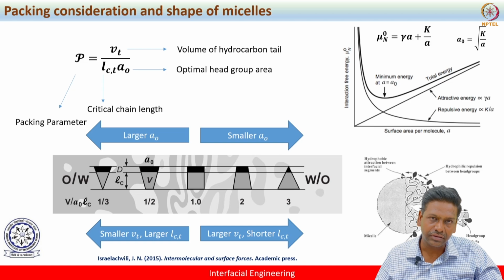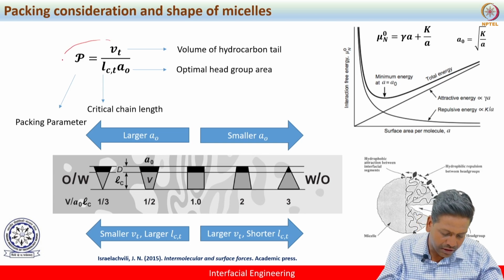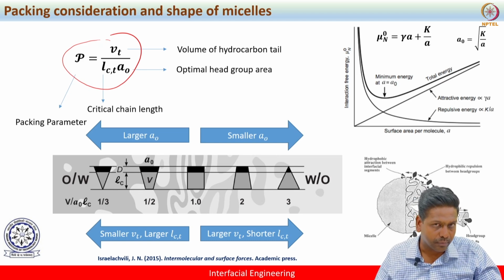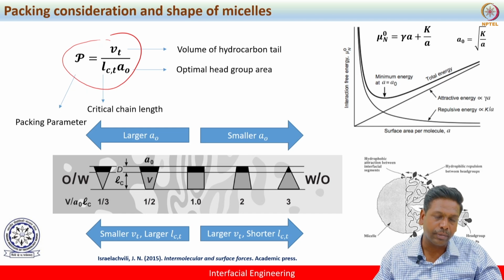But what decides them to assume a particular shape is the question we are asking. There is something called a packing guideline or packing factor. It is just a guideline, but it tells us that if you have a particular packing factor, the micelle will only assume the shape which corresponds to that packing factor.